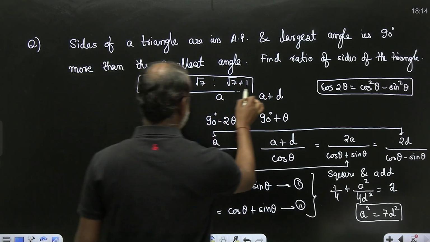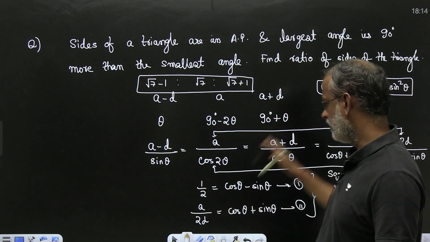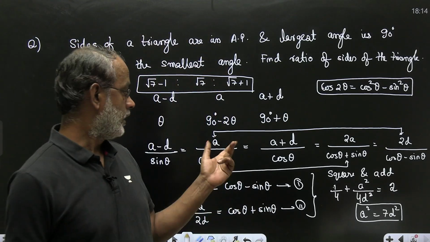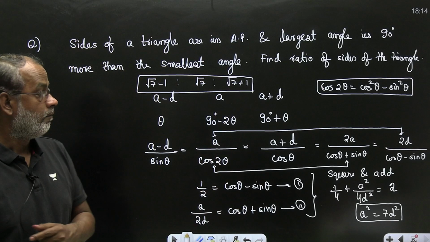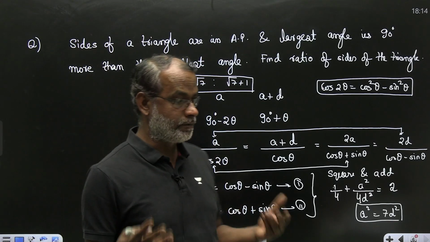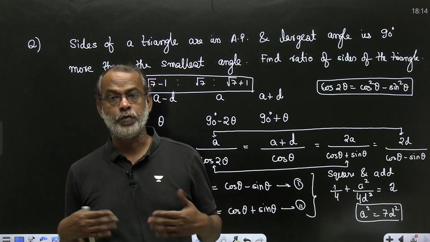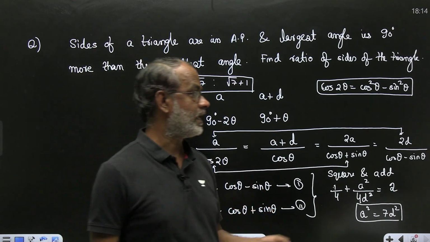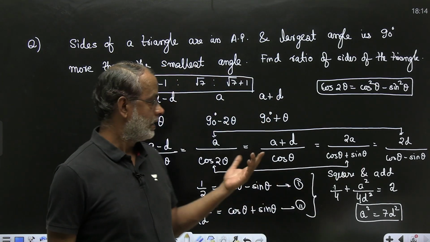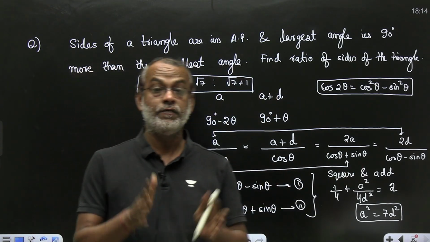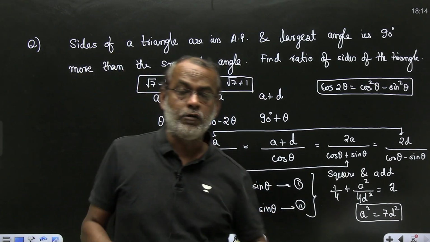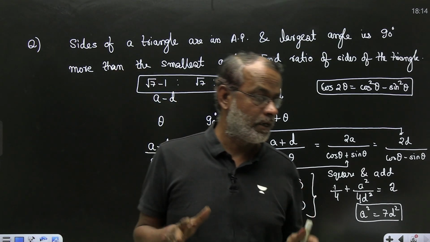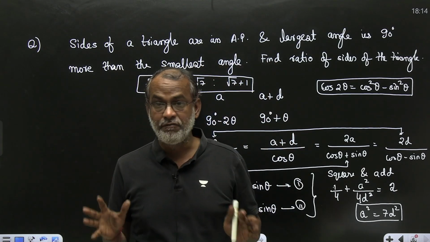It is algebraically the same thing, only the difference was in terms of the notation that we had to use. It was sine rule. But since trigonometry involves a lot of expressions subject to a certain situation, which expressions would be helpful? In the previous question, we used sine 2 theta, sine 3 theta. Here we use cos 2 theta. So, depending upon the angles involved, it is very necessary, as I have been telling you right from the beginning of the previous video, to remember the formulae of trigonometry.